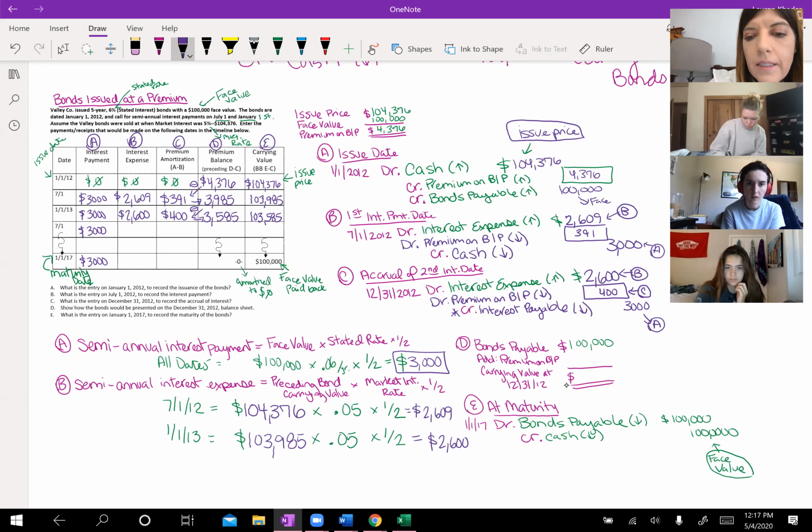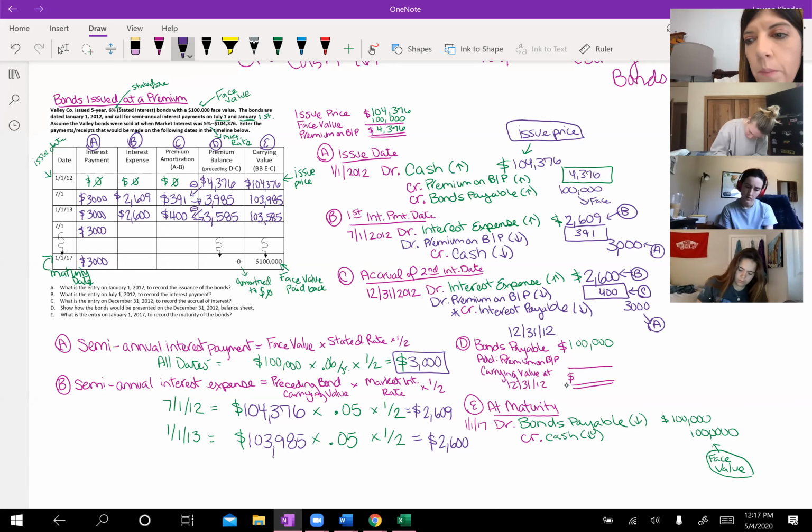So at December 31st in my balance sheet, what am I going to show? $100,000 is my bonds payable balance, because it's always 100,000, the face value. We're going to add our premium balance as of 12/31, which equals 3,585.